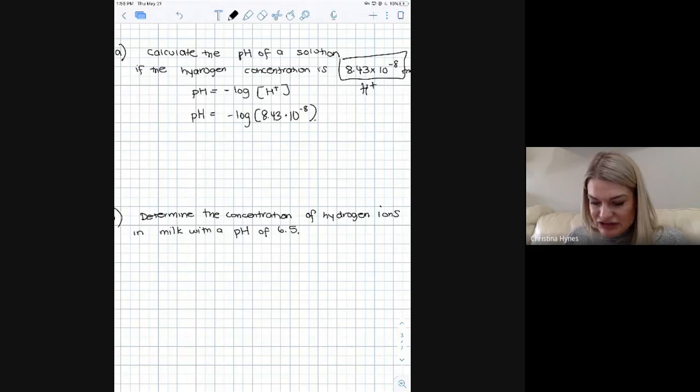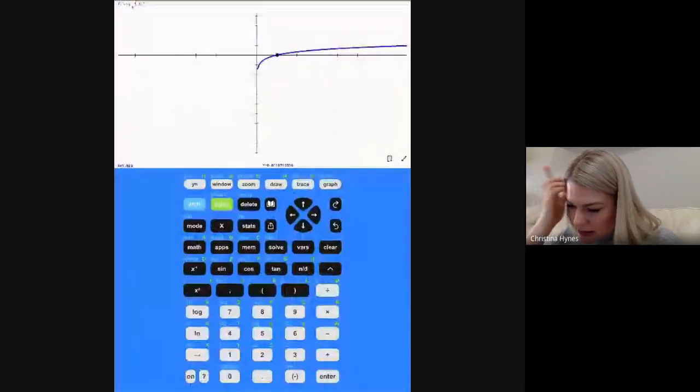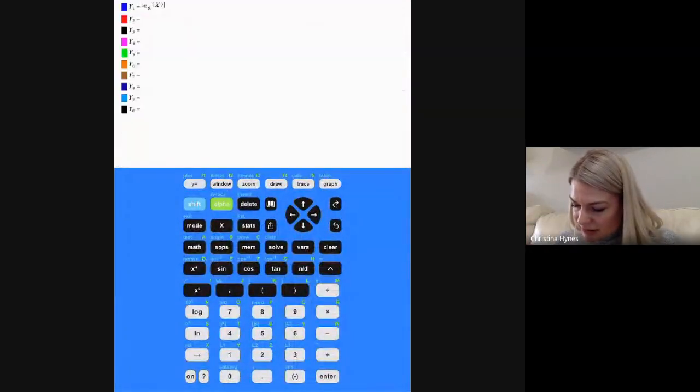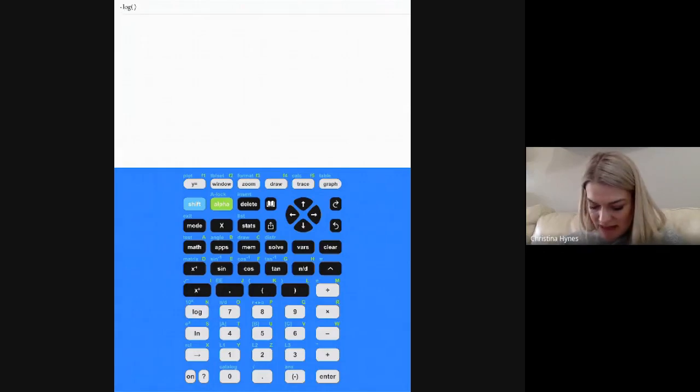Another thing you guys need to know is where to find your 10 to the power of. In your example, you don't have that, but in this example, you do. Let me just go to my calculator and show you that. Okay, so go to your calculator. And you're putting negative sign, log, so that's the button right above LN. So that's like the 4th button on your left from the bottom. And then in brackets, you're putting whatever your moles are.